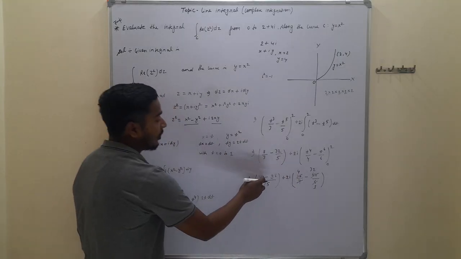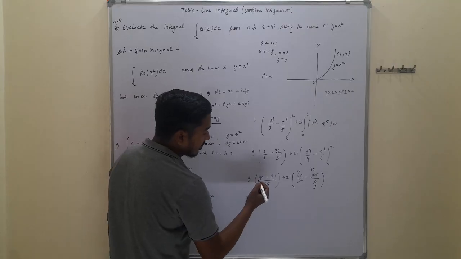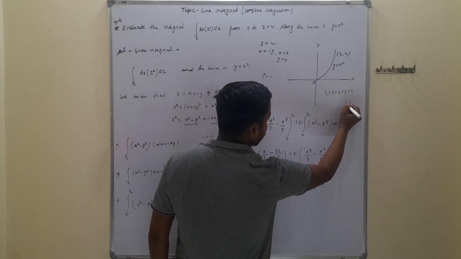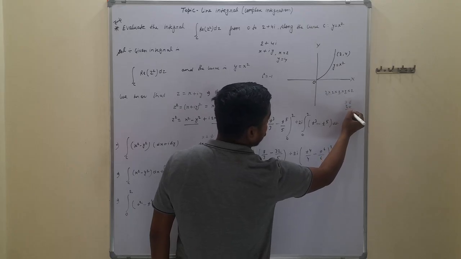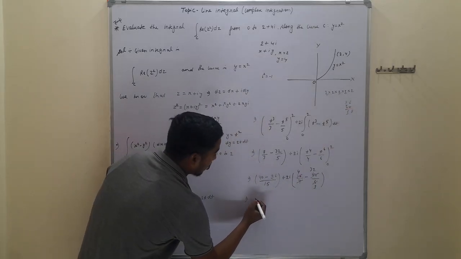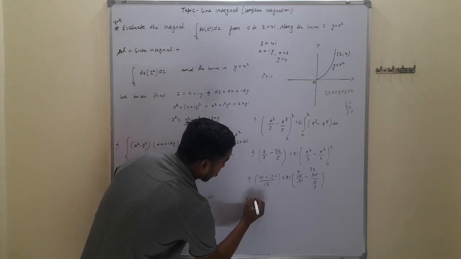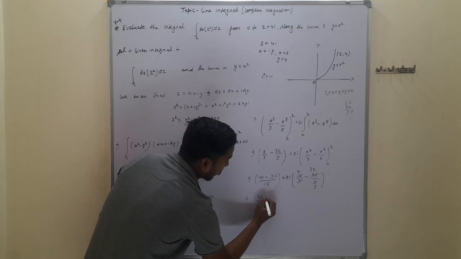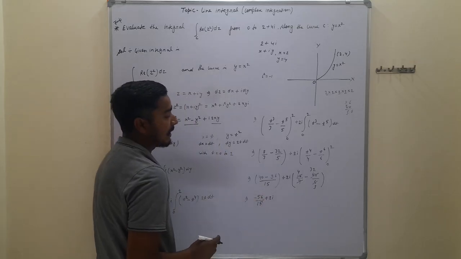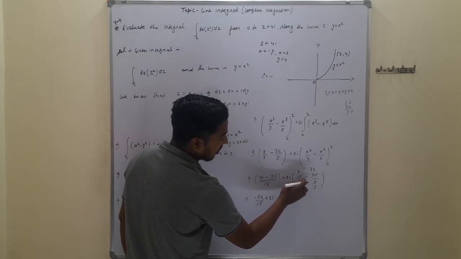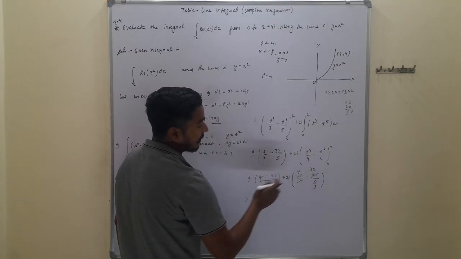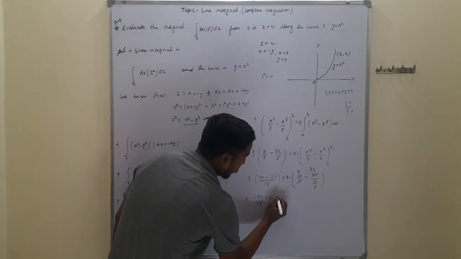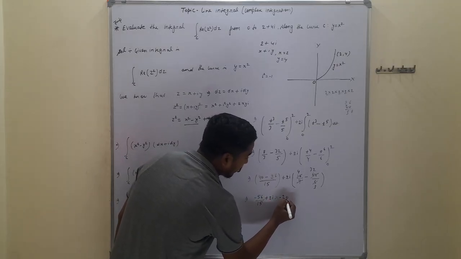This gives 40 minus 96, once again 96 minus 40, this is 56. So 56 upon 15 with a minus sign, and plus 2i. When we solve this part taking LCM, 4 is 12 and 12 minus 32 gives minus 20 upon 3.